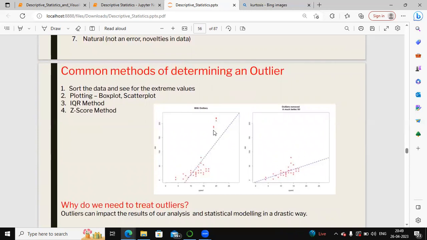You can filter them out, or you can scale down these values, using the IQR method. Let me show you.